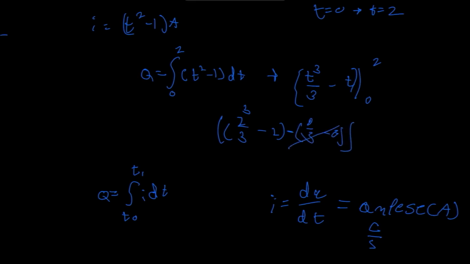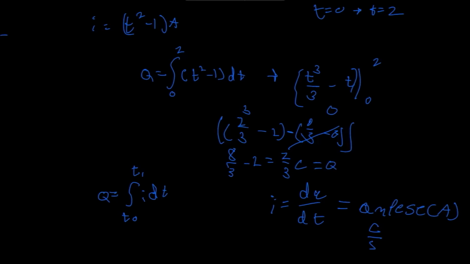So this is just going to become 0, and this is going to be 8 over 3 minus 2, which is equal to 2 over 3. And going from amps, we'll directly go to coulombs, so my final answer will be 2 over 3 coulombs equals Q.